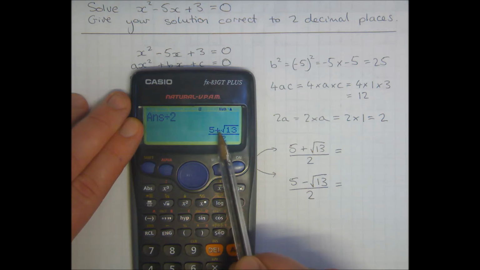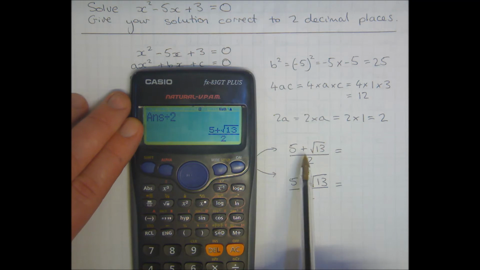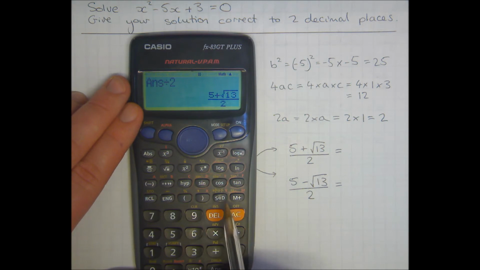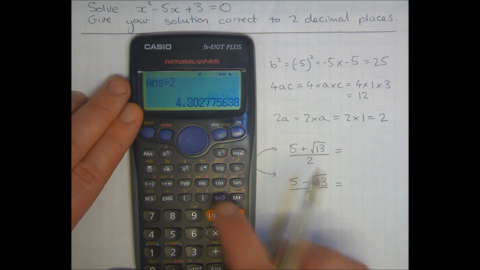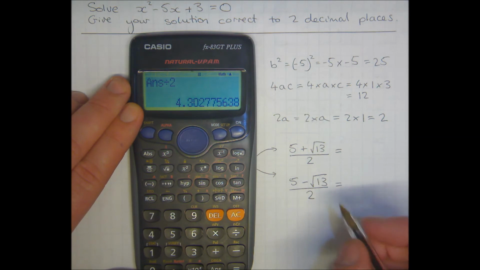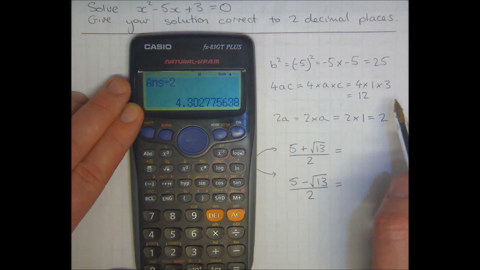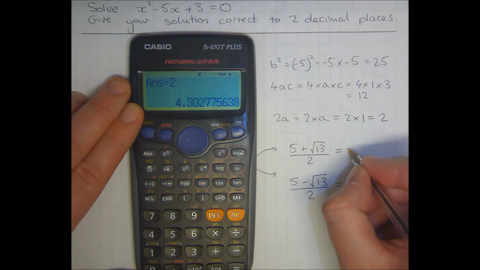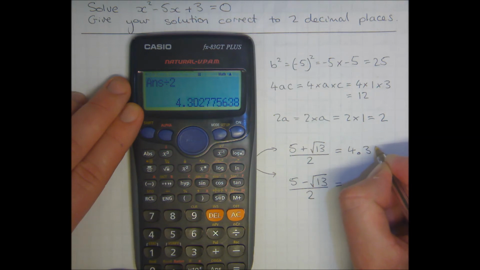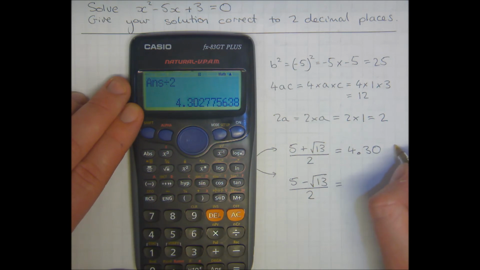Now you can see there that it's exactly as it's written in the question, and to make that into a decimal number, I press the S to D button, which is down here, and we can see that it's 4.302. Now I need to give the answer to 2 decimal places we said in the question, so I'm going to write 4.30 to show that it's to 2 decimal places, and I'll even put 2 dp there just to be sure.